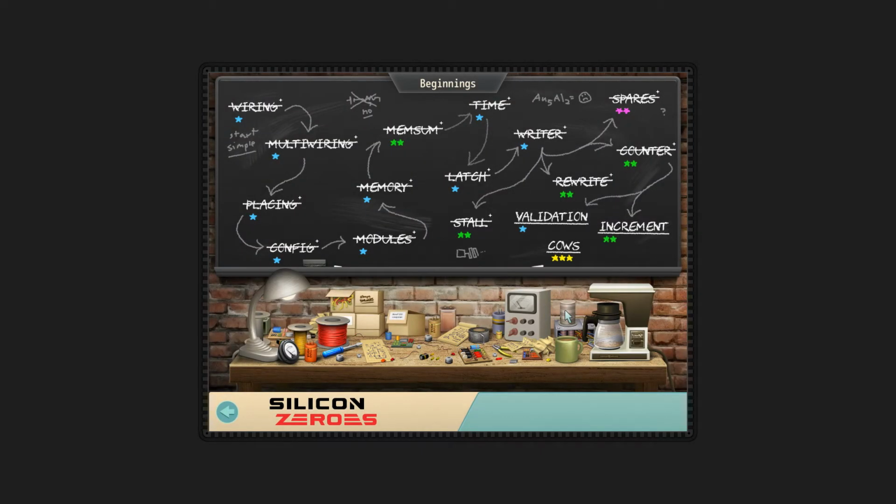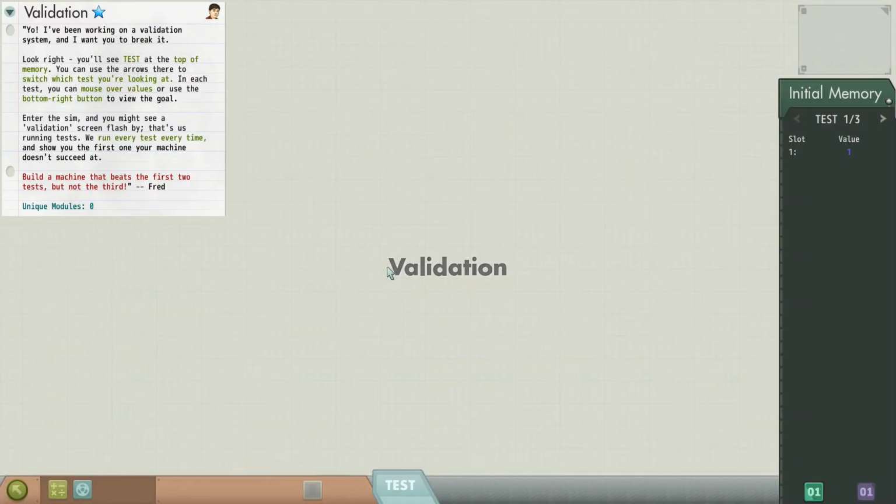Okay, now we have 2 more puzzles. Let's do validation. Build a machine that beats the first 2 tests, but not the third. So memory goal is 2.